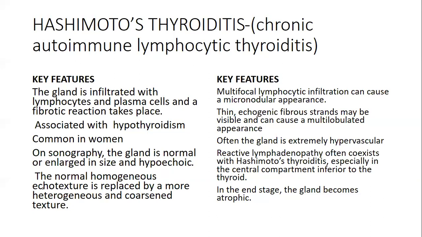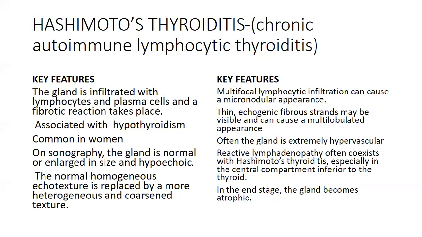It's also very common, actually. It's very important to take note. Very common in women. And so on sonography, the gland is normal or enlarged in size and usually hypoechoic. Apart from being hypoechoic, because of the infiltration that is happening in the parenchyma of the thyroid, you have what is called a pseudonodular appearance.